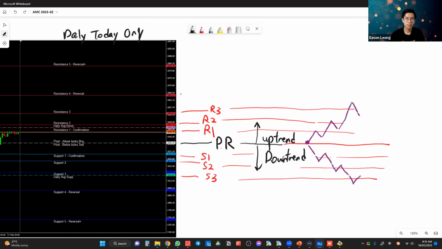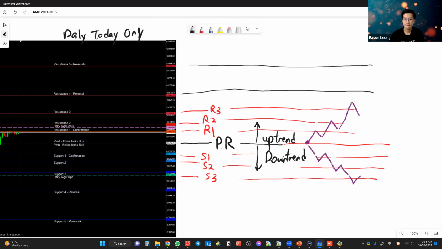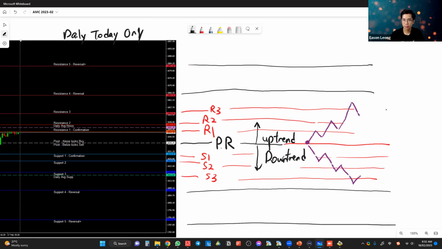But the rules start to change when you go to R4 and R5. As long as the market moves within R3 and S3, meaning within these regions, we call this a normal market. The market still moves normally up, normally down.